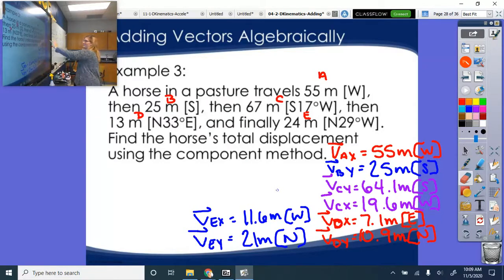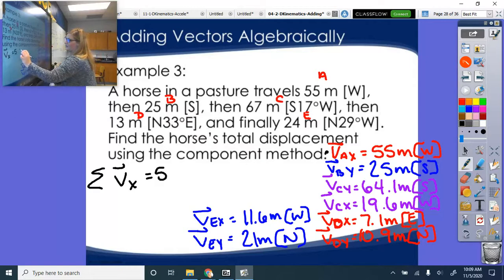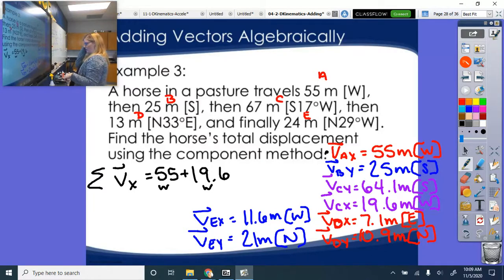And what that means is I need to go back and add all of my vectors in the x direction. So I've got my 55, and that's going west. Then I've got 19.6, and that's going west. I'm just writing the directions with them so I make sure I have all my positive and negative, because my next one is 7.1, but it's going east.